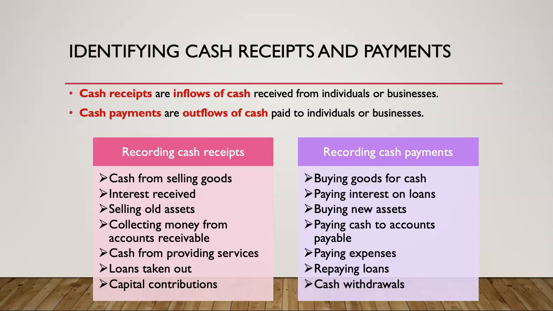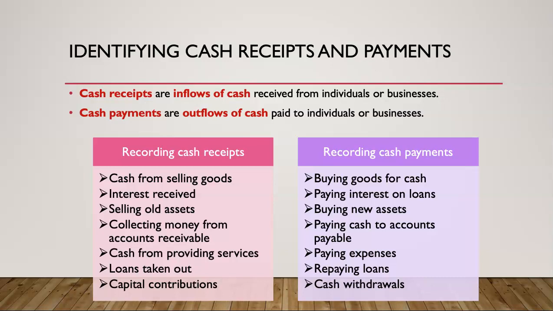We can get cash from providing a service if we're a service business. We could take out a loan, which even though it creates a liability, we still get money from it. Or there could be capital contributions, and we know capital contributions are when our business owner provides cash to our business.